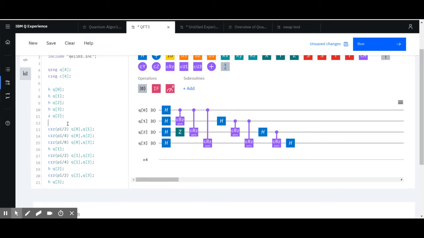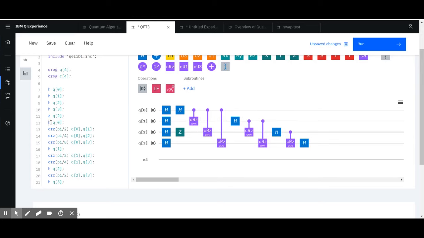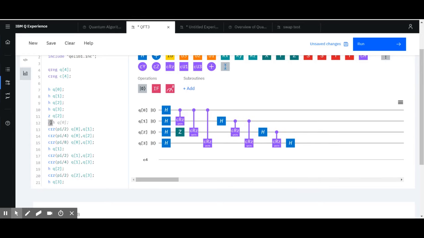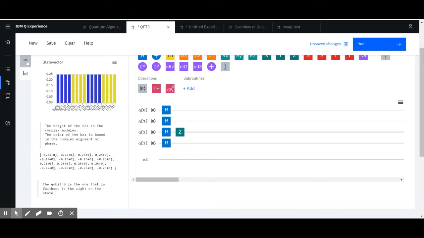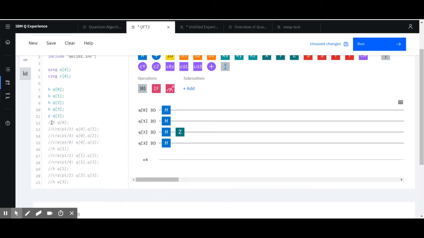The problem if I put it here is the same right now. I wanna comment all this stuff. So this is the state we prepared. Good. So now we add the Hadamard.